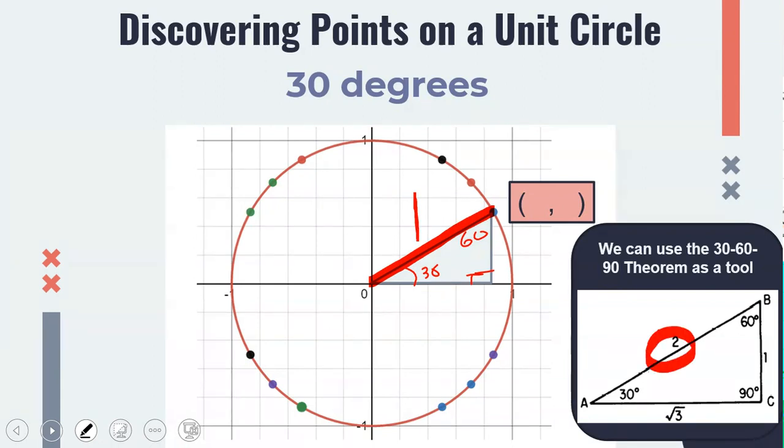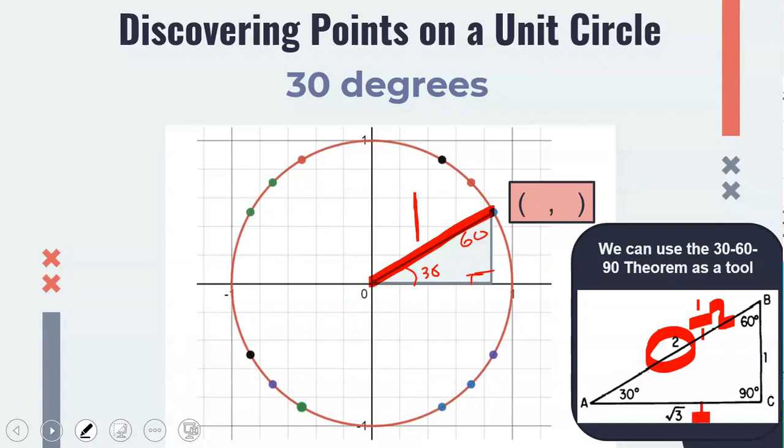But in our 30-60-90 triangle, it was supposed to equal 2. How can we make 2 into 1? Well, let's divide all of our ratios by 2. So 2 divided by 2 will give us the 1.